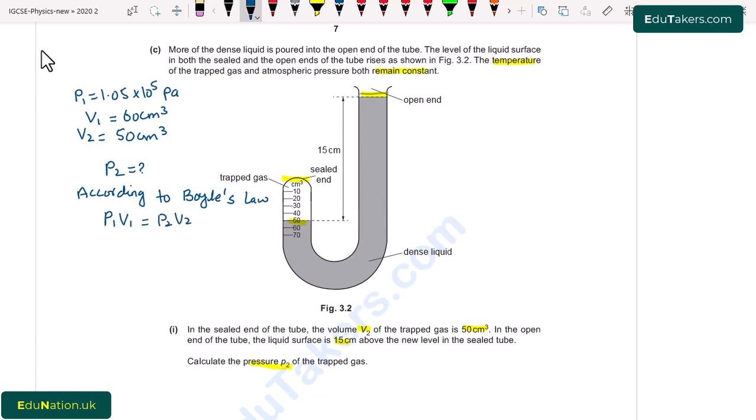It means that the product of pressure and volume at constant temperature remains the same. And here we have to find out the value of P2. I rearrange this equation. P2 comes to be P1 V1 over V2. So putting in values, it comes to be 1.05 into 10 to the power 5 multiplied by volume first is 60 cubic centimeter, and after the volume changes it becomes 50. So I simply write here P2 is equal to 1.2 into 10 to the power 5 Pascal.